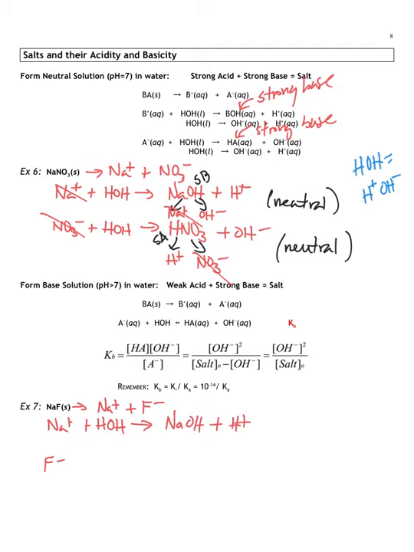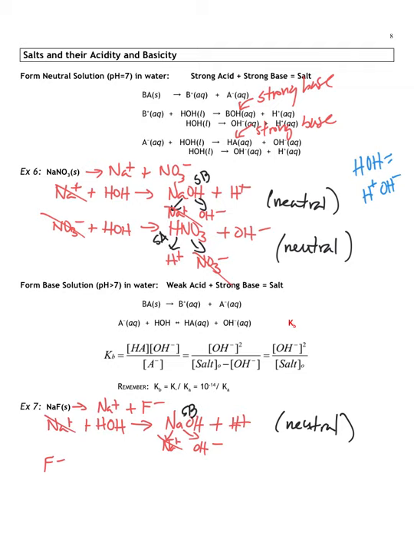Since this is going to dissociate into two ions, Na+ and OH-, the sodium is going to cancel out, leaving you with just water self-ionizing. And that is going to be a neutral ion. So this is a neutral ion, because you're creating this strong base here.